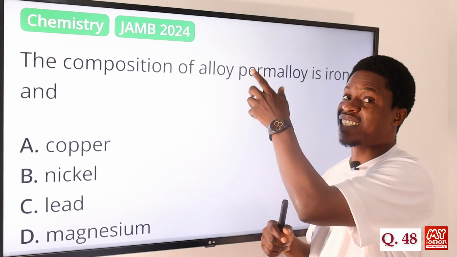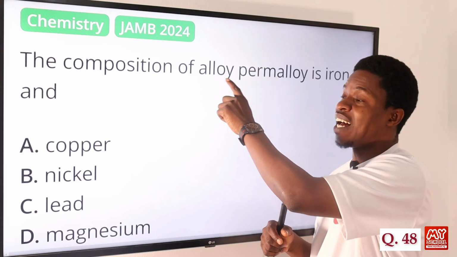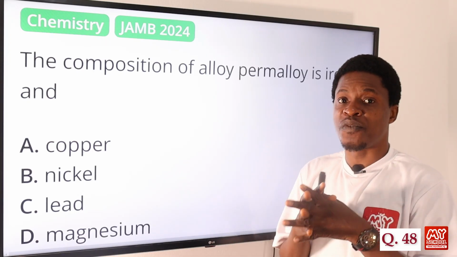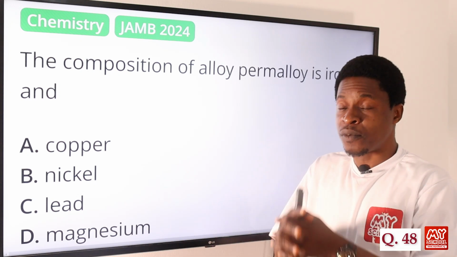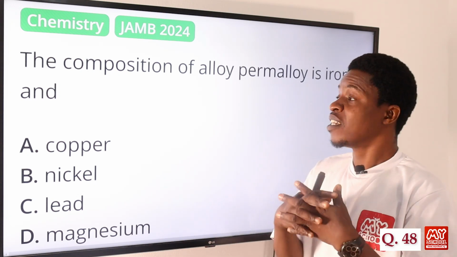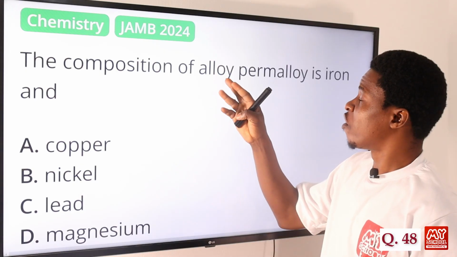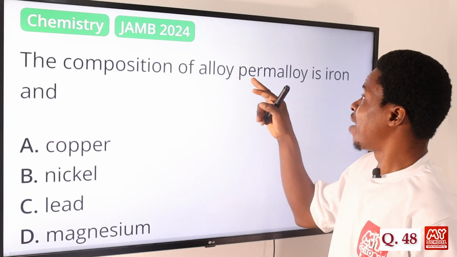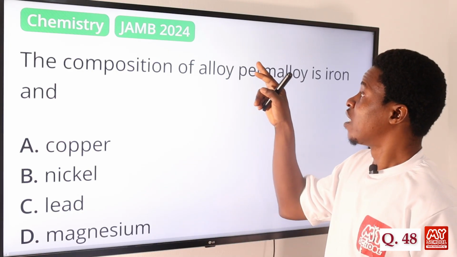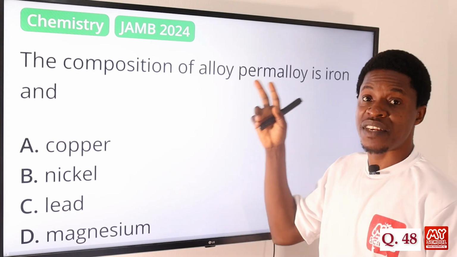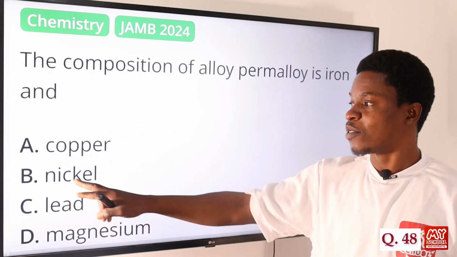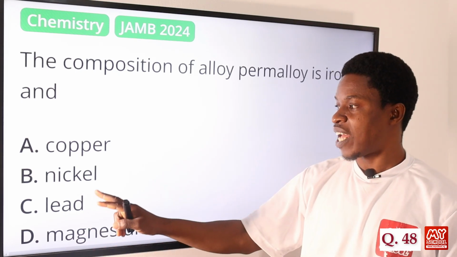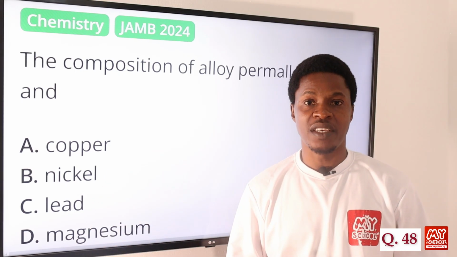Don't forget that an alloy has to do with 2 or more metals or elements combined together to form desirable traits that we want. So permalloy contains 20% of iron and 80% of nickel. Option A says copper, option B says nickel, option D says lead, and then magnesium. So the correct answer here is option B, nickel.